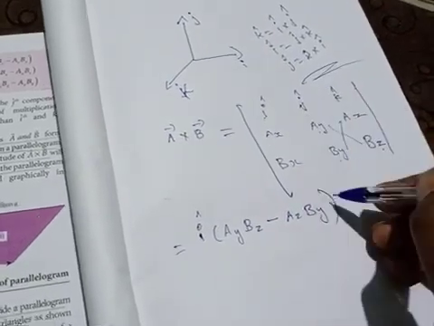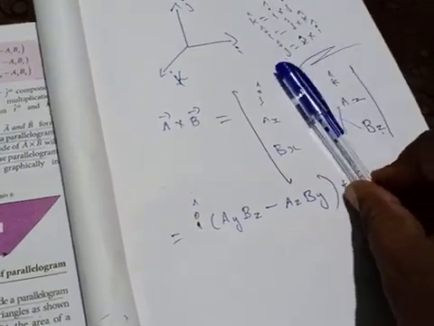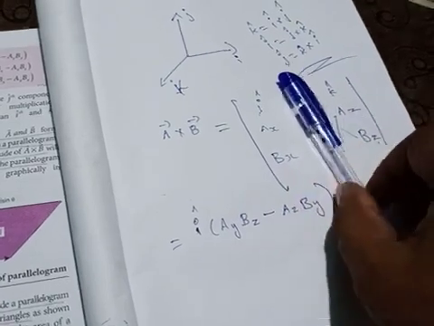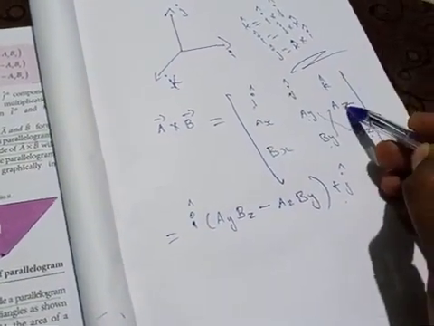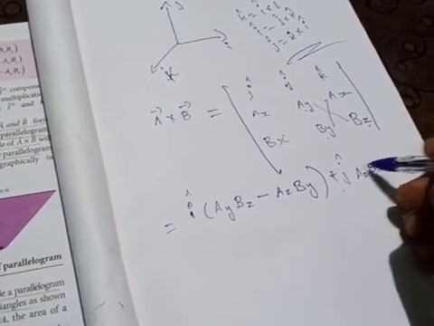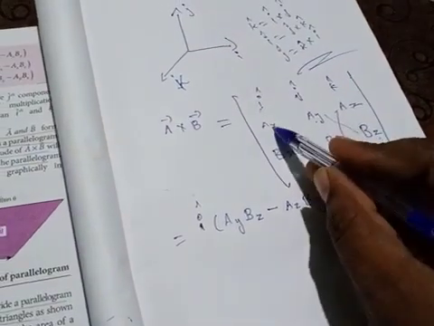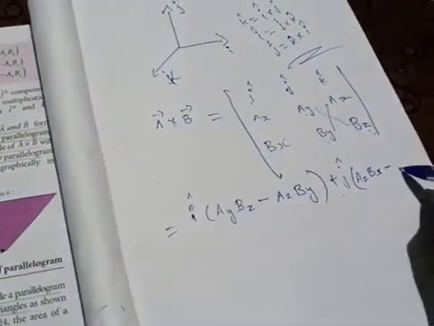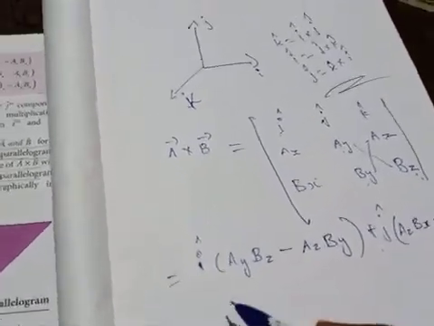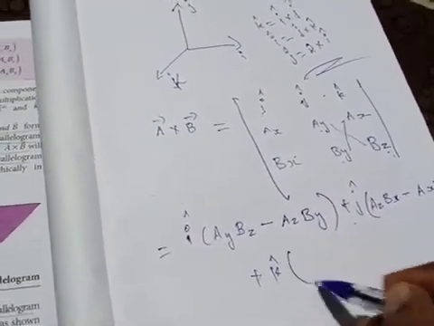Then plus J unit vector. When taking J, you take the other four values: AZ BX minus AX BZ. Again plus K unit vector.